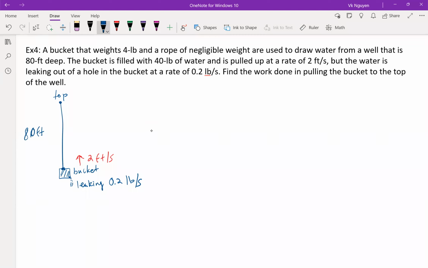So when we look at this problem, we have to do two things here. The first thing is we're going to pull the bucket, and the second thing is we're going to pull the leaking water. Work in pulling the bucket.